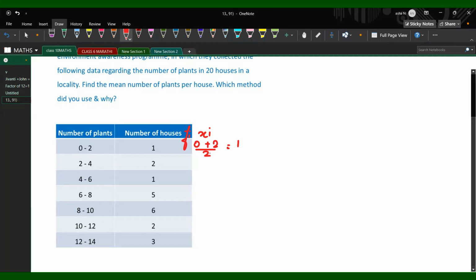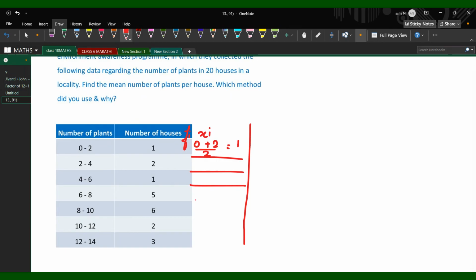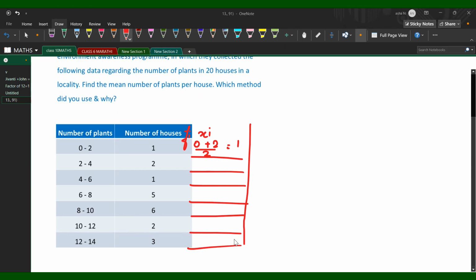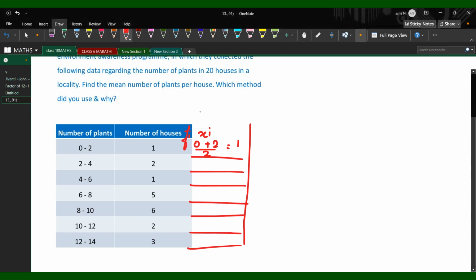Correct? Because 2 ones are 2. Are you okay with this one? Class marks we are going to find first, that is xi.